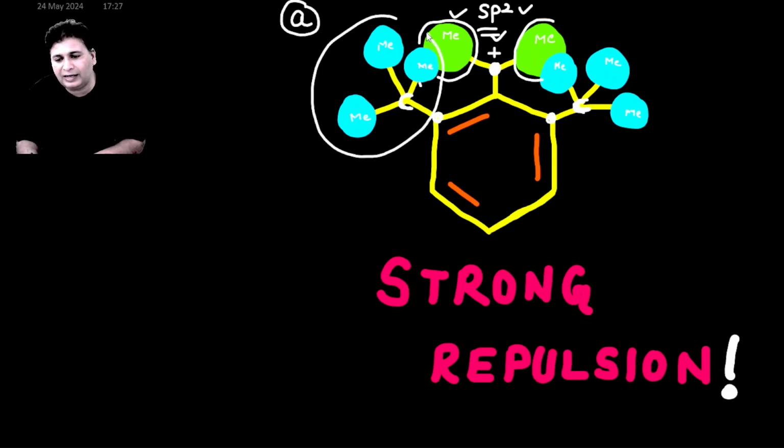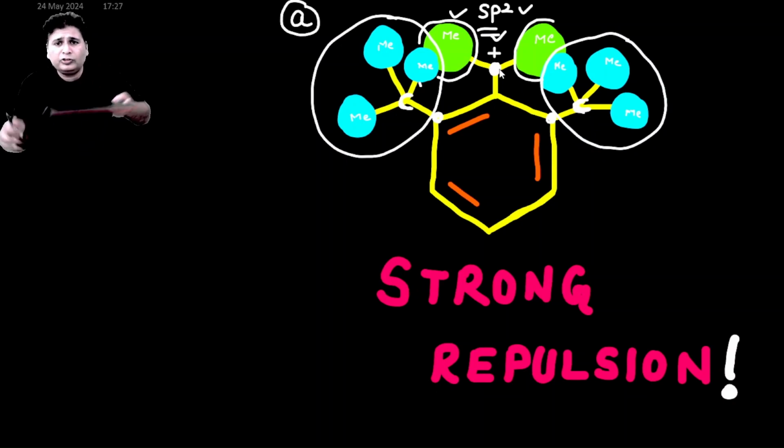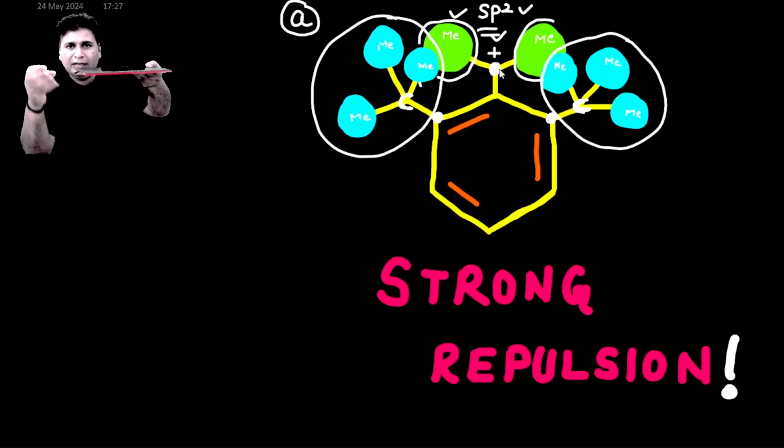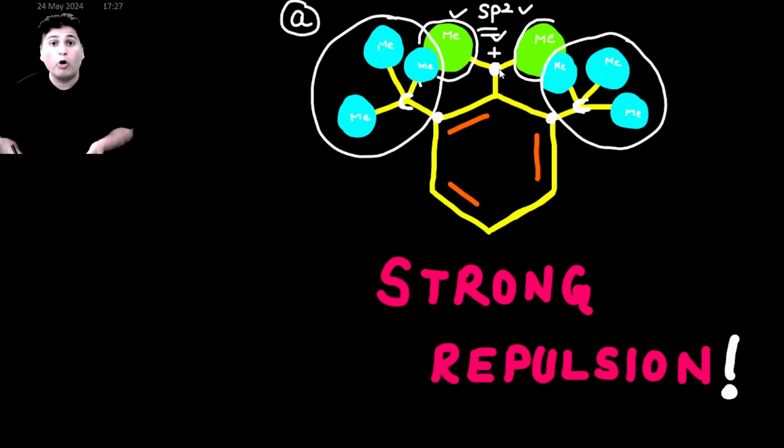On the left also and on the right also, you have 2 bulky groups, and as this carbocation tries to remain in the plane of the benzene ring, from here one bulky group is there, from here one bulky group is there. So in its attempt to remain in the plane of the benzene, it encounters severe repulsion.